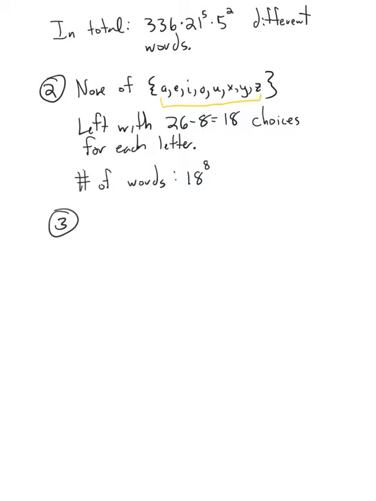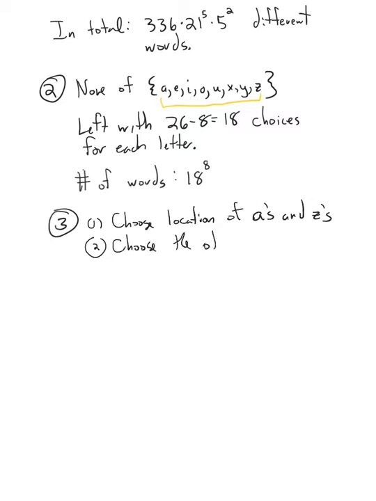All right, the third one says contains exactly 3 A's and 2 Z's. Okay, well, let's think about this. So again, this is going to be in 2 parts. We need to choose the location of the A's and Z's. And then 2 is choose the other letters.